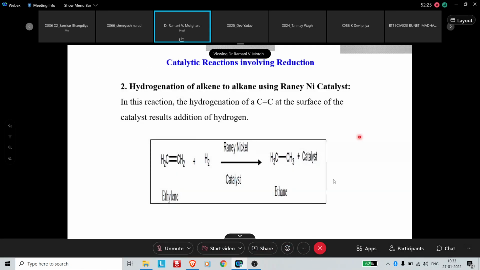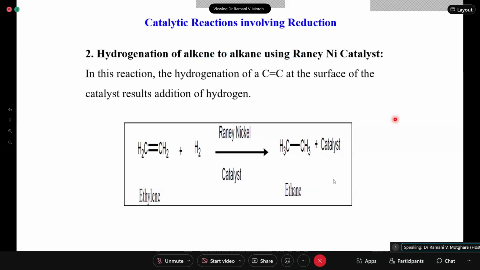In this reaction, the hydrogenation of C double bond C at the surface of catalyst results in addition of hydrogen. So this is your ethylene, H2 in presence of Raney-Nickel, you get formation of ethane.